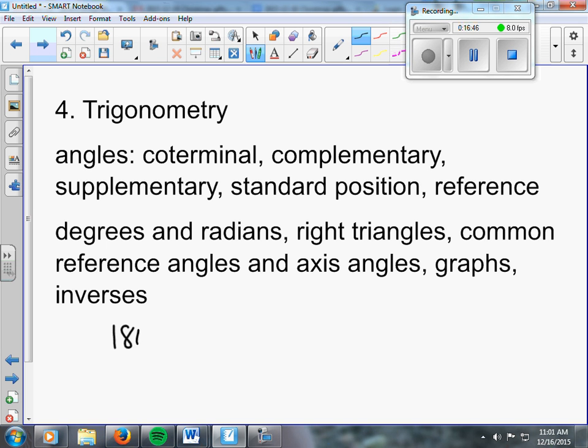Remember, 180 degrees is pi radians. Pi, by the way, is the number 3.14159265. Anyway, so that's just a number. Okay, pi, it's a number. And that many radians is equal to 180 degrees. And that's how you convert back and forth.